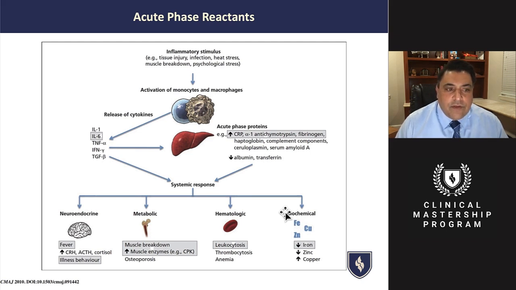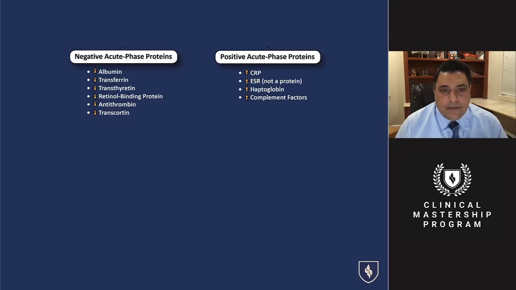Acute phase reactants can be classified as either negative or positive acute phase reactants. Positive acute phase reactants are things that go up during the inflammatory response, and negative acute phase proteins are things that go down. Ferritin is on this list, along with C-reactive protein and ESR.